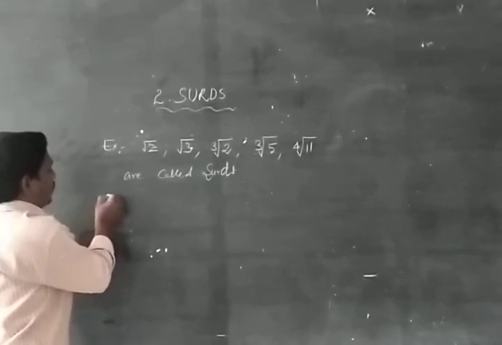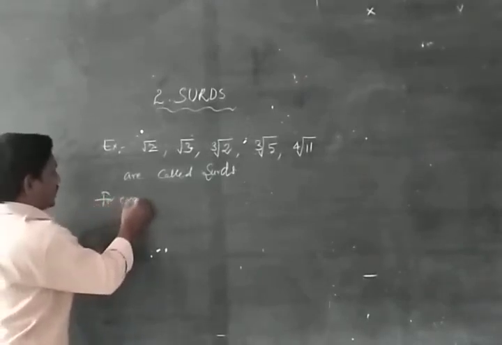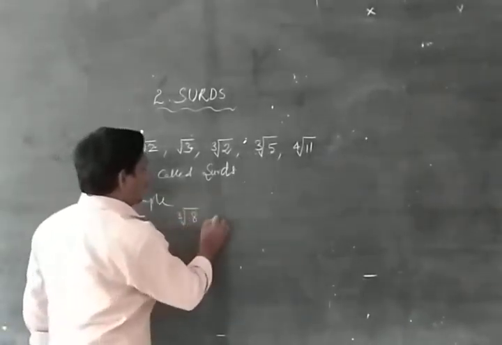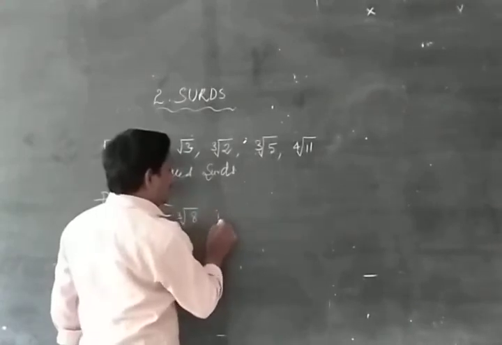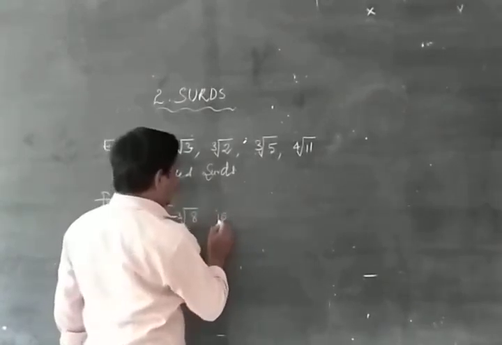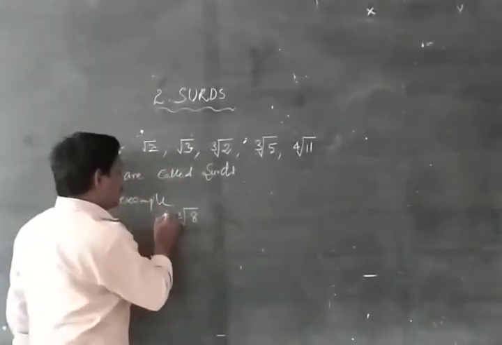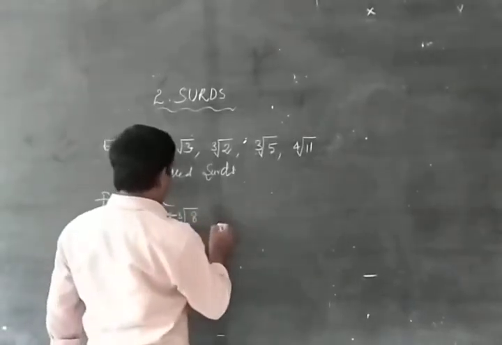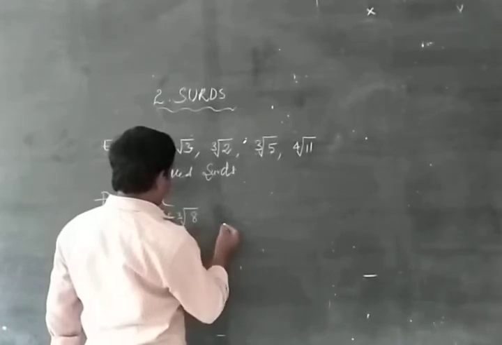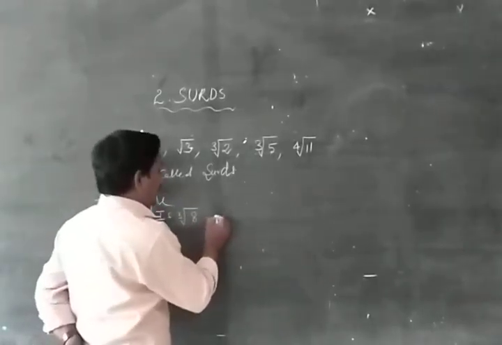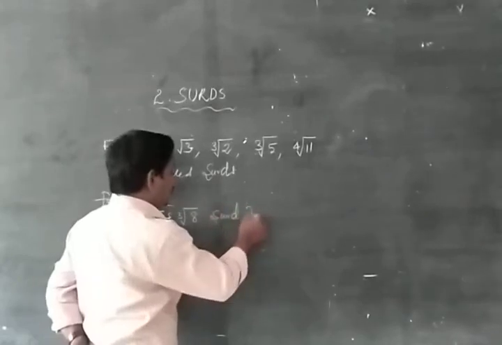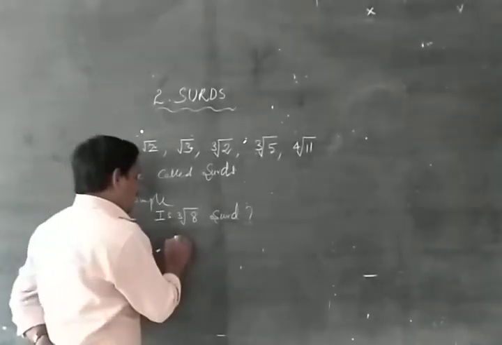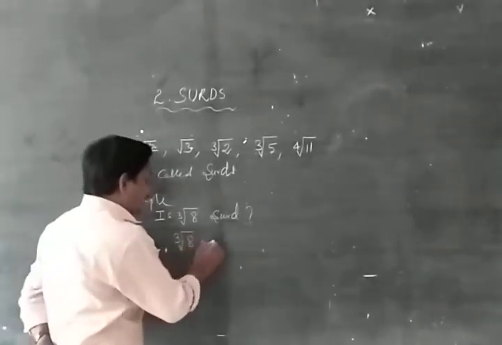Okay, for example, cube root of 8. Is it a surd?